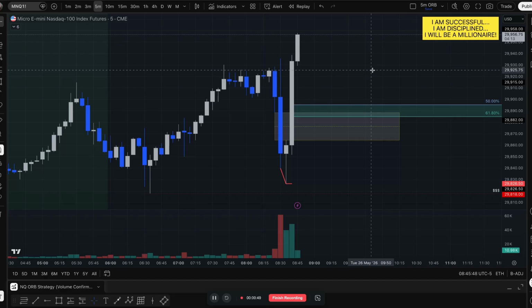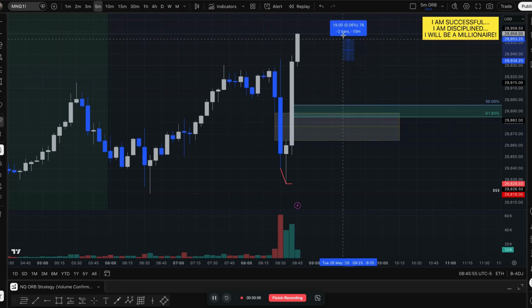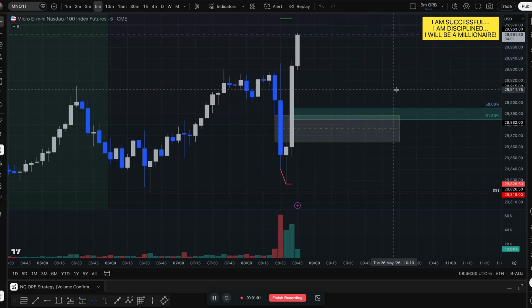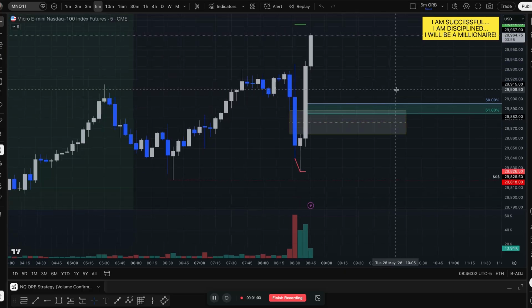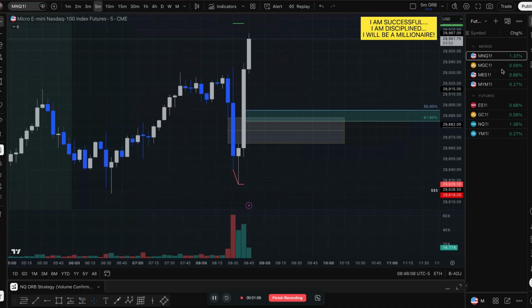It fit perfectly with my strategy. I could have gotten easily 50 points out of this one if I would have just gotten in. See that? 50 points way up there. It eventually gets up there, but I just didn't take the trade. I hesitated. And I saved my money, though. I didn't lose anything. So that's a good thing, right? So there's that one. We let it go.